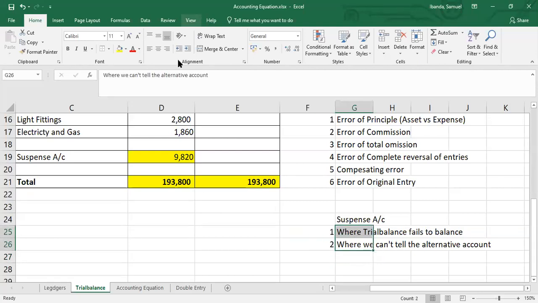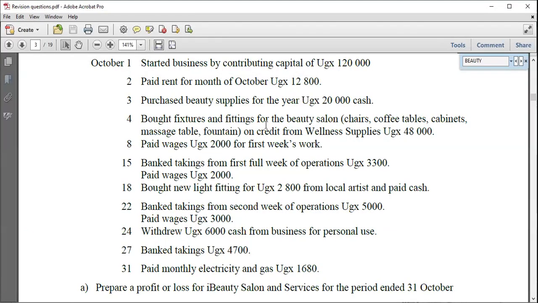I'll give you an example. If it is a transaction like this, in case maybe you had a transaction here, maybe it was banked takings, and you can't understand the double entry. Maybe you only know that bank is involved, but you don't know what other alternative account is involved. Maybe you don't understand the word takings.